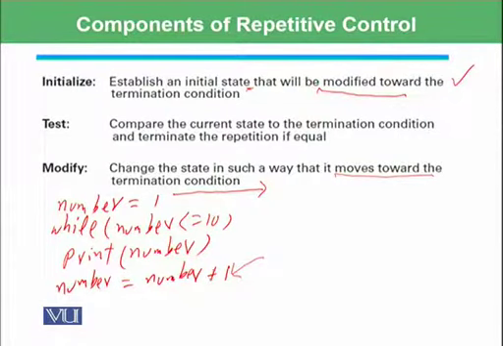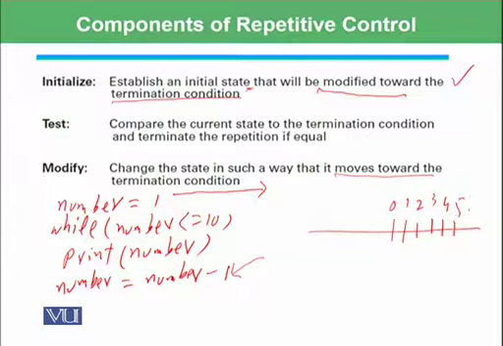So what will happen if we write minus 1 here? This means we are not moving toward the termination condition. If you form a number line, here we have 0, 1, 2, 3, 4, 5 and so on, and here we have negative values, minus 1, minus 2, minus 3, minus 4 and so on.